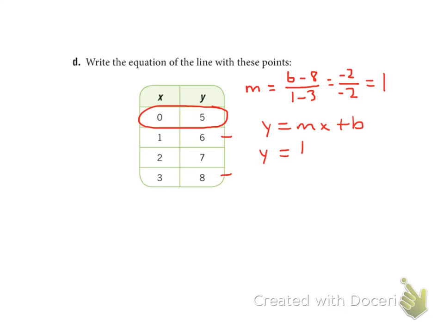Y equals 1x, yep, plus... shoot, we'd have to find b. Well, we can find b because we know the y-intercept, 0, 5. So what is b? Wouldn't it be 0? Not 0. 5. It's the 5, yep.